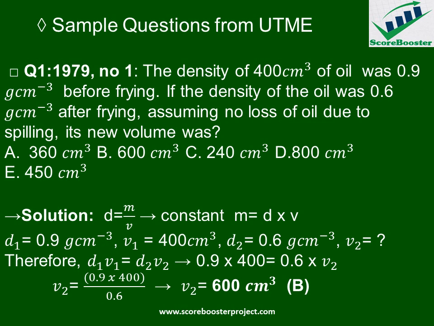Now we can make V2 the subject by dividing both sides by 0.6 to get V2 equals 0.9 times 400 divided by 0.6, and that will give us V2 equals 600 centimeter cube, making option B the correct answer for this particular question.